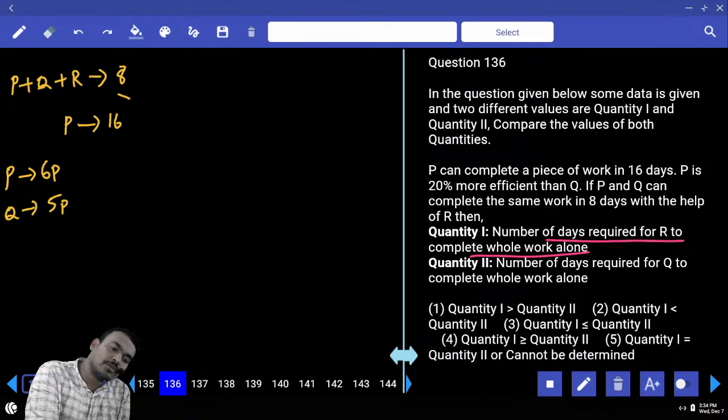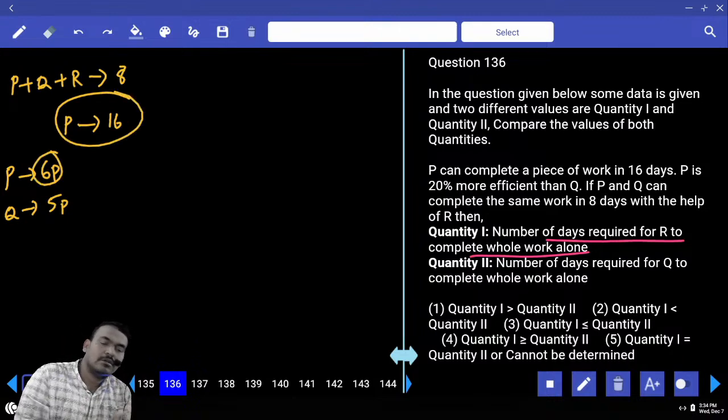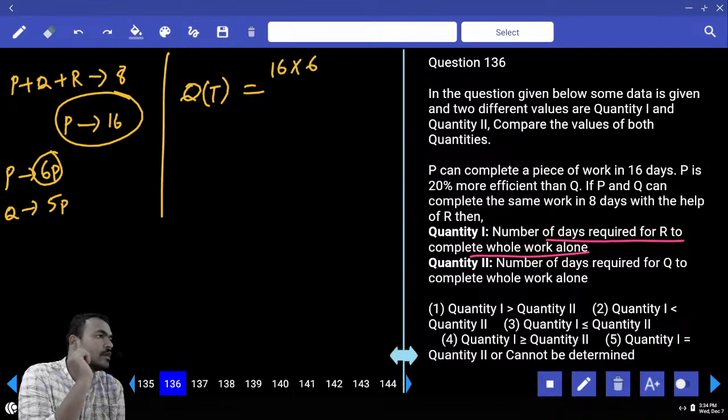First, what is the P total time? 16 days. What is the P efficiency? 6 parts. Then Q time means total work by Q efficiency, or not? Yes or no? What is the Q time? 16 into 6. That is the total work, or not? The same total work is completed by Q, or not?